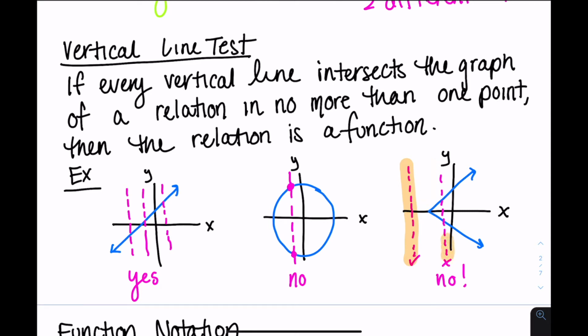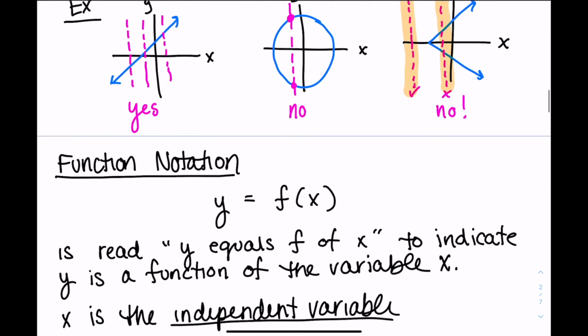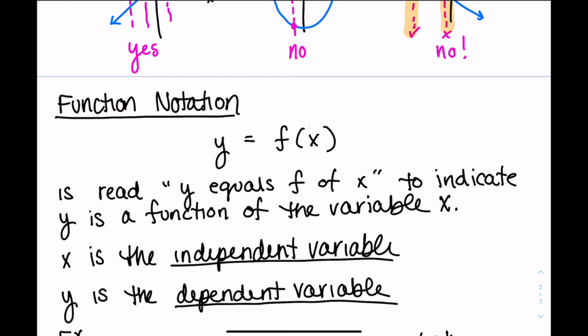But because I draw a line right here and it's hitting our blue graph in 2 places, this is not a function either. Okay? So when we do have a function, we have a very special way that we denote it. So it's with our function notation. So we write the y values are equal to functions of x's, to a function of x.